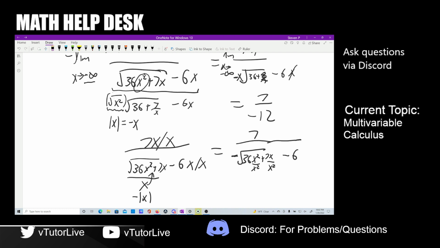But this problem was tricky. It took me a little while to figure out what the heck was going on because I kept running into that denominator blowing up. But, okay. Be very, very careful about your signs if you're approaching a negative value or negative infinity. And this usually applies when you're approaching negative infinity and you have a radical of x squared.